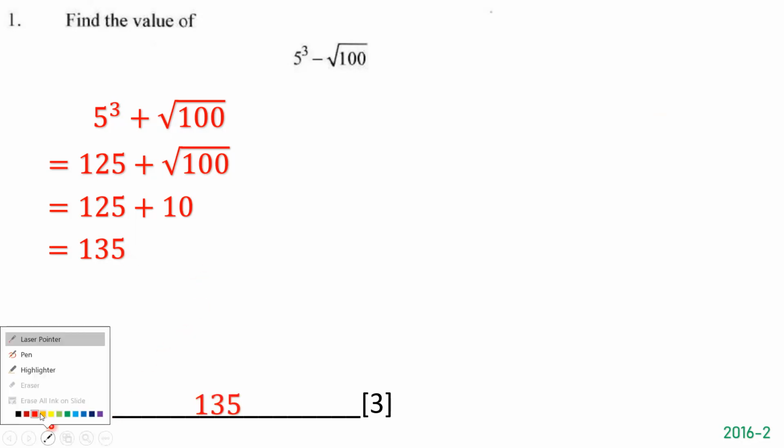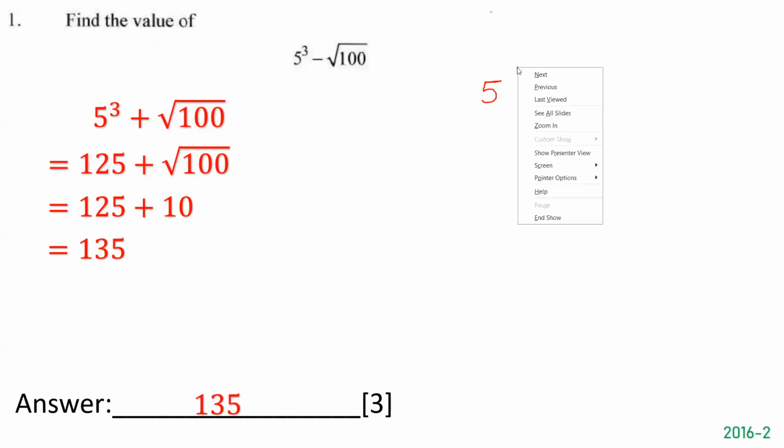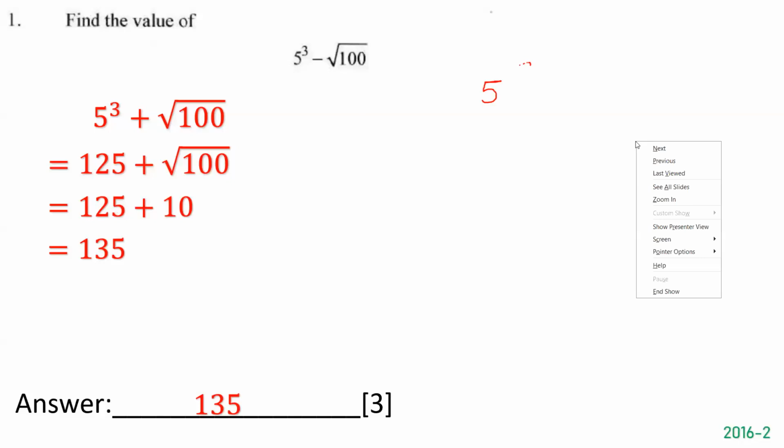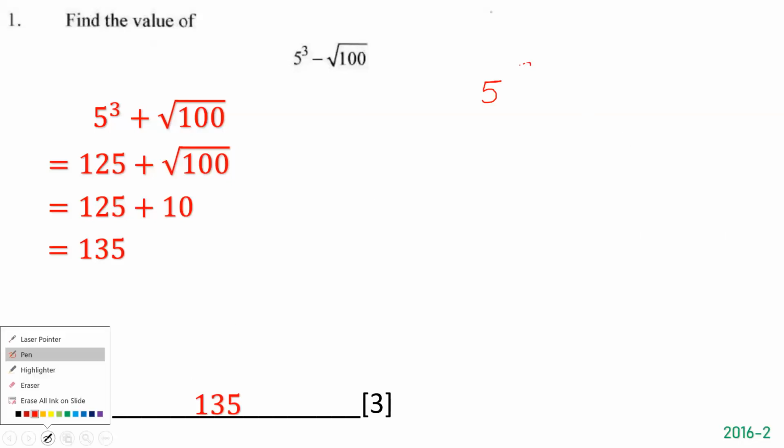Now, the way that we got 5 to the third power is that we multiply 5 times 5 times 5. Let me write it this way. We have 5 to the third power, 5 to the power of 3.